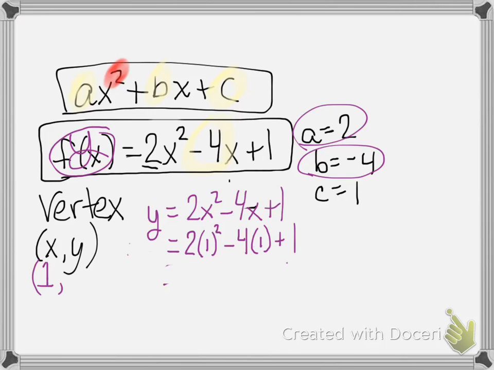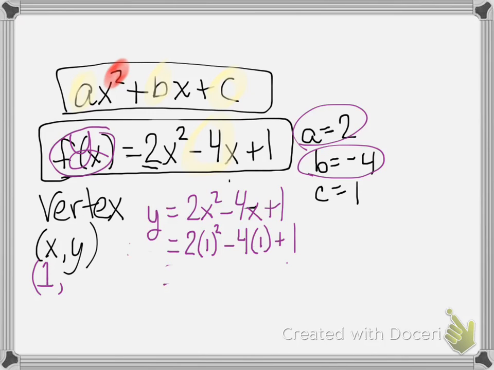Okay. You can plug that whole thing into your calculator. Just make sure that if x is ever negative, that you use parentheses on your calculator, because when you square it, your calculator won't bring that negative with it. So just fair warning. It's okay to use parentheses all the time on your calculator. So you could just punch this right into your calculator. You can also solve it by hand.